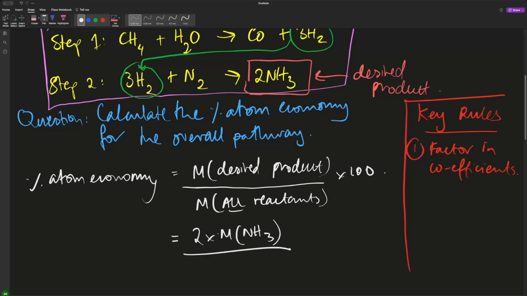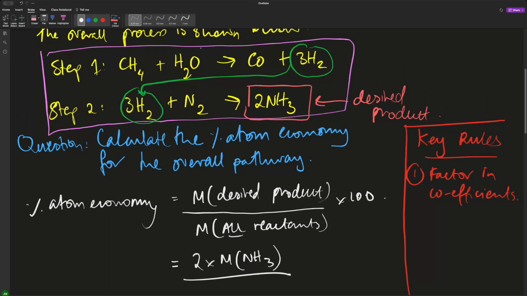Now, the reactants are CH4, because we used CH4 at the beginning. We also reacted water. Carbon monoxide is not a reactant, it is a product, and we don't even carry it on to the next step. We do carry on the H2 to the next step.